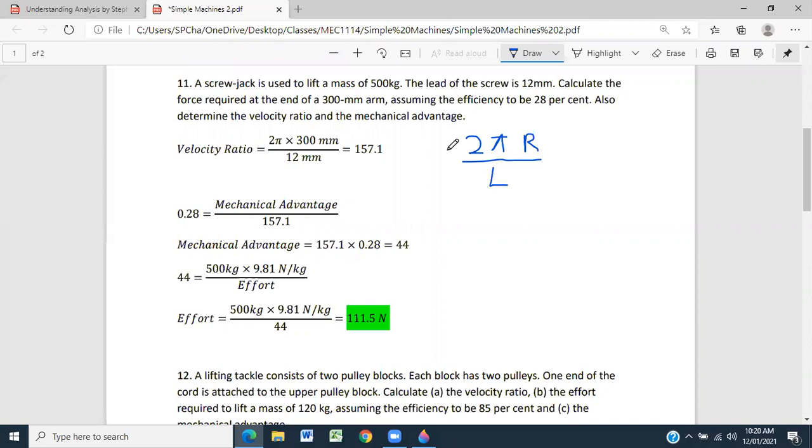In this case, the lead of the screw is 12 millimeters, and the radius of the effort, or the force required at the end of the arm, is 300 millimeters, right? Substituting that in: 300 millimeters over 12.